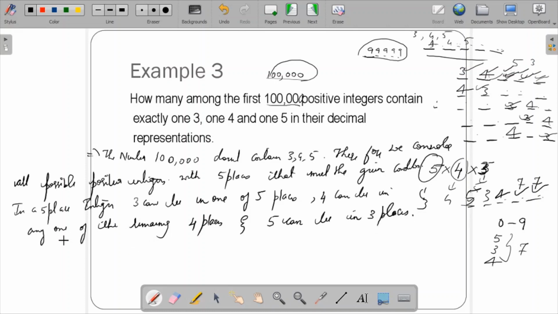There are 2 places left, which may be filled with 7 digits.